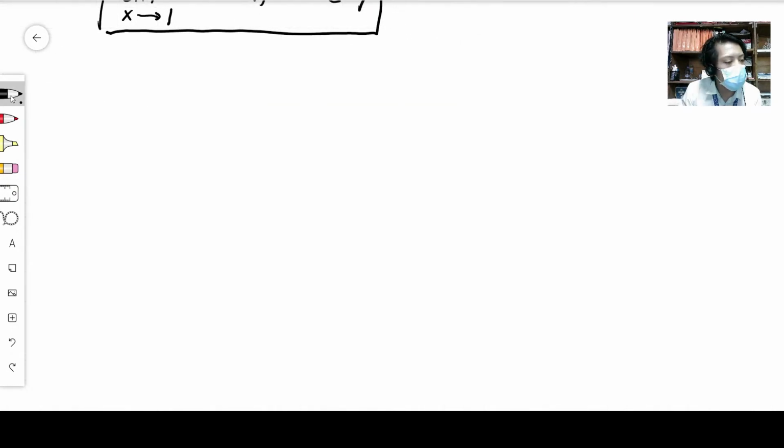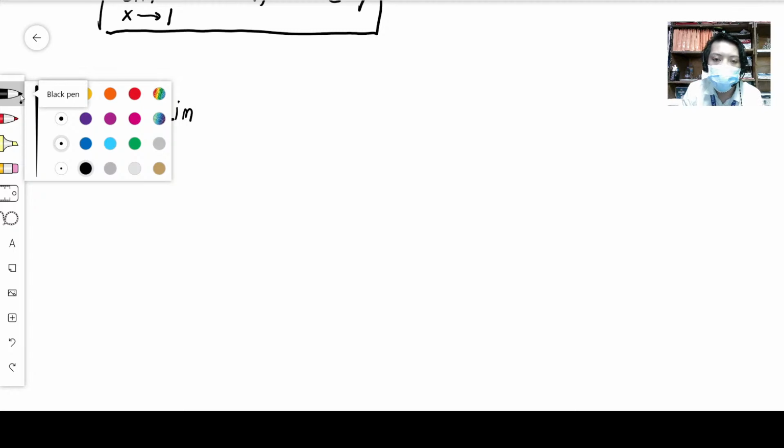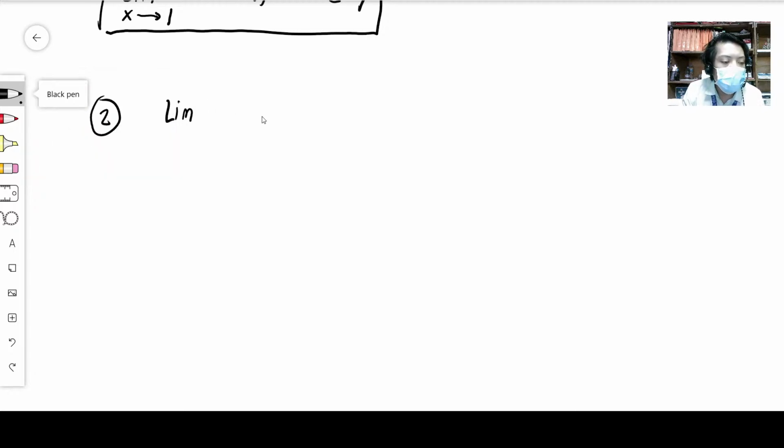I have another example, number 2. The limit of 2x as x approaches 2. When you solve for the limit, you can use direct substitution.